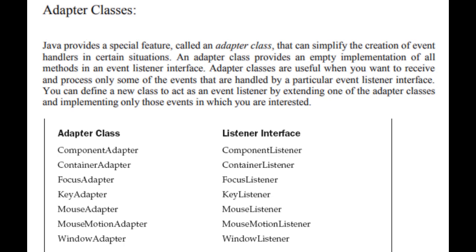If we implement this interface, we have to provide body for all these 5 methods. But if you are using a mouse adapter class, and we are interested only in the mousePressed event, we can provide body only to the method mousePressed. We can exclude all other 4 methods.